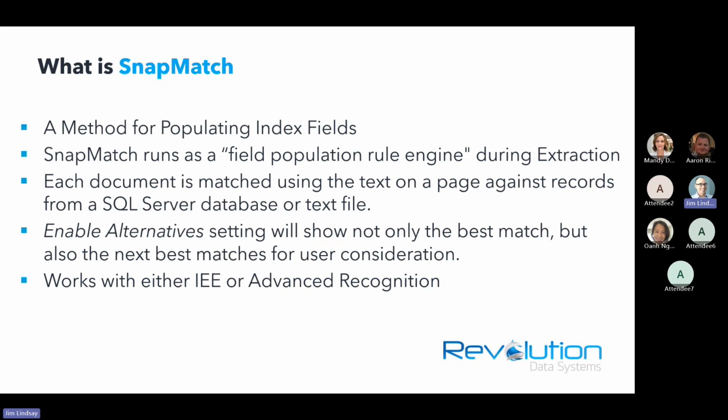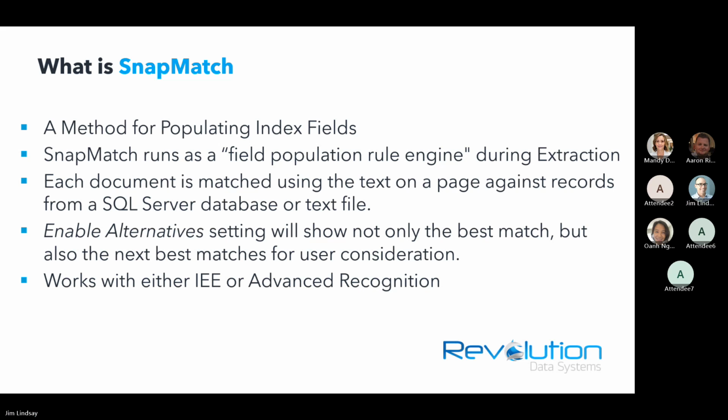And taking this a step further, there's a feature called Enable Alternatives. And this setting, let's say you have a vendor with, well, multiple addresses. Enable Alternatives would provide the user with the next best matches, say.